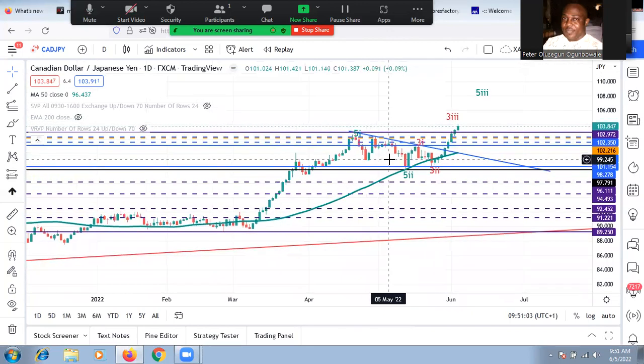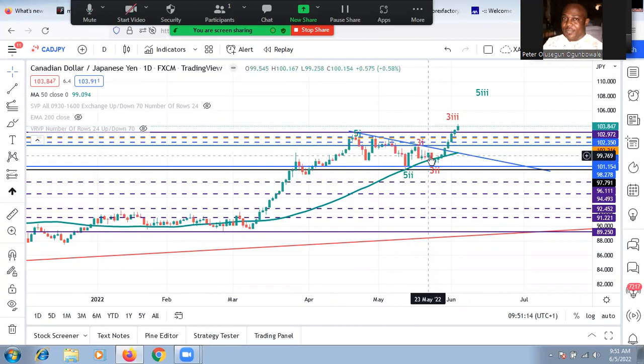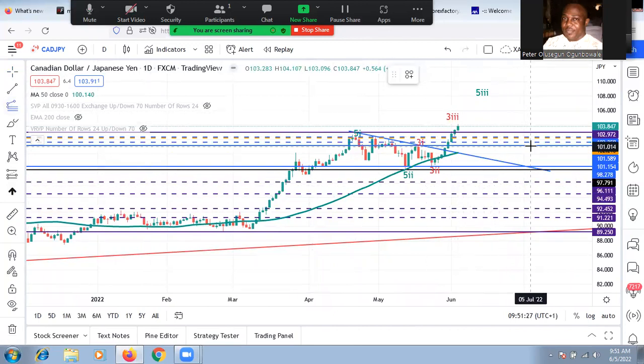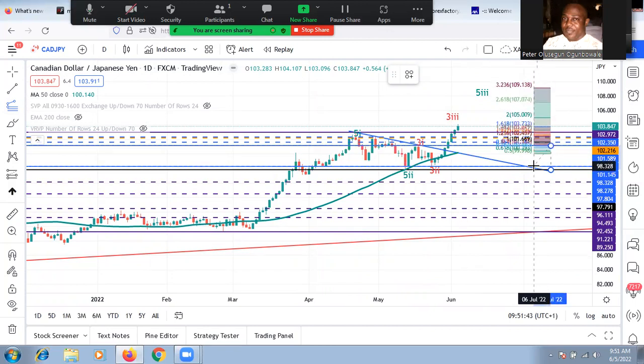It's complex trying to count all these waves. So this one came like a zigzag, and this also corrected like a zigzag to the downside before we have these offshoots. But between here and here, if you want to draw where this one is likely to get to, we start from the beginning of this one, where 3-1 started from, to the end of that 3-1 to 2 here.